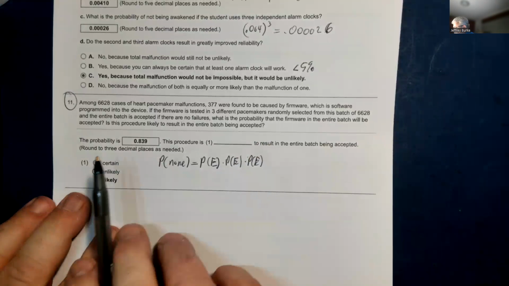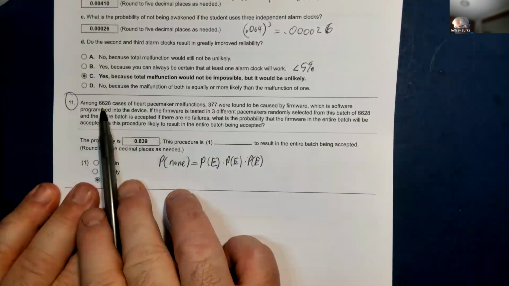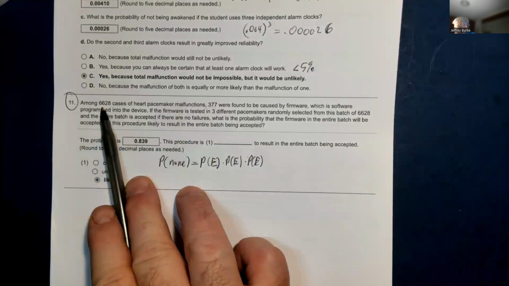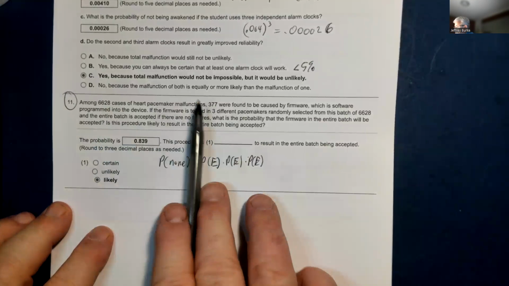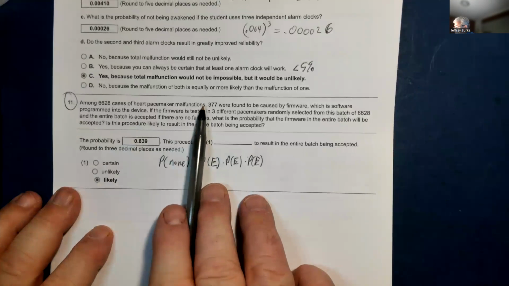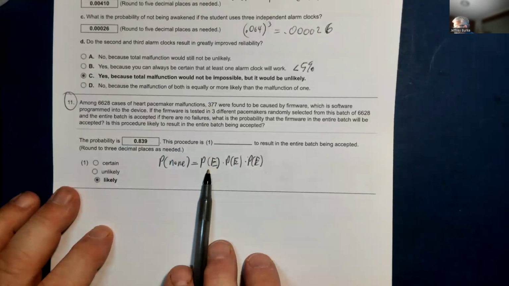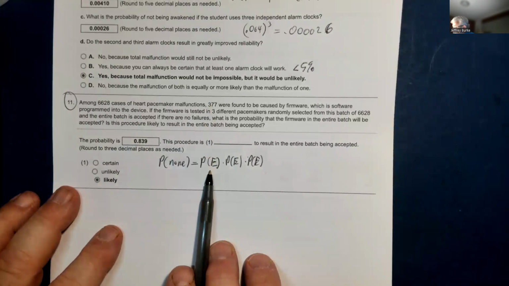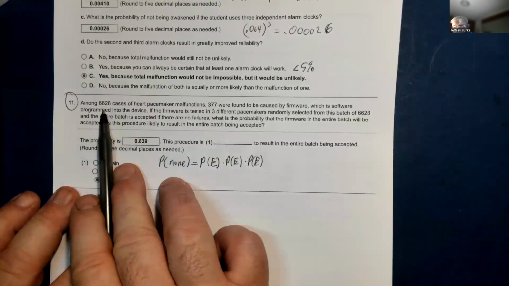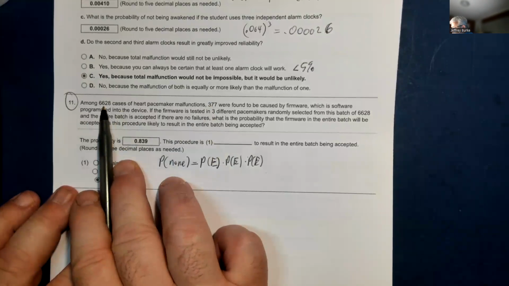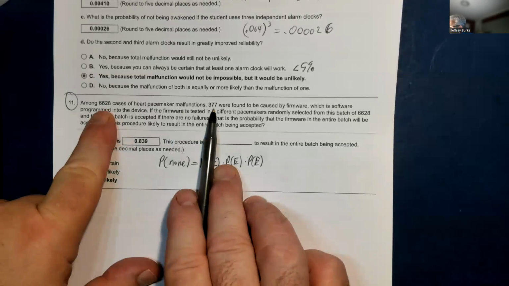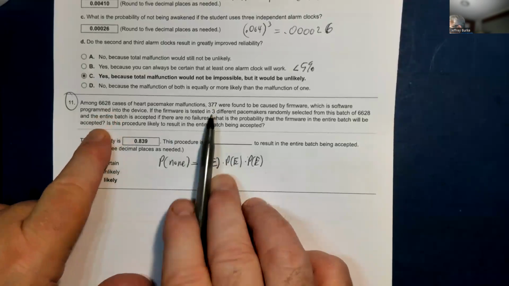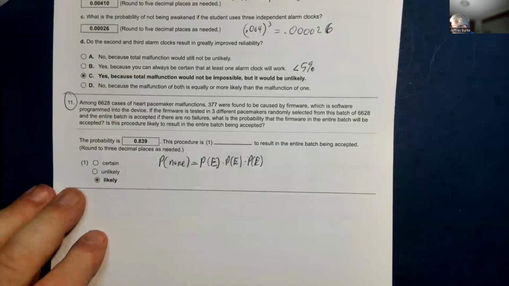Now, according to this, it says that 377 out of 6,628 have malfunctions. If you took 377 and divided by 6,628, that would give you the probability they're going to be defective. If you want the probability that they're going to be effective, watch how this is done.